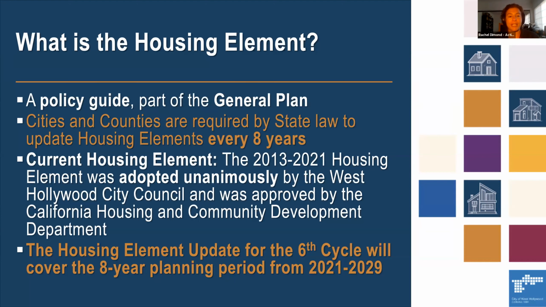It was adopted unanimously by the City Council in 2012, and it was also approved by the California Housing and Community Development Department, HCD, as they're more commonly called, and they are required to ultimately approve that housing element and make sure that it complies with all the requirements that state law provides for housing elements. Now we're back again, and this is the sixth cycle of the housing element. This update will basically cover an 8-year planning period from 2021 through 2029.